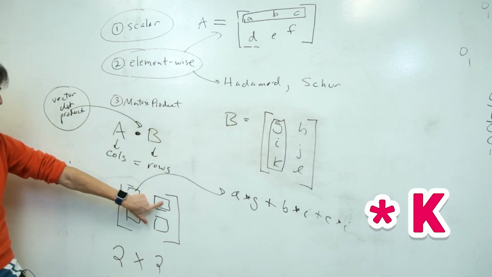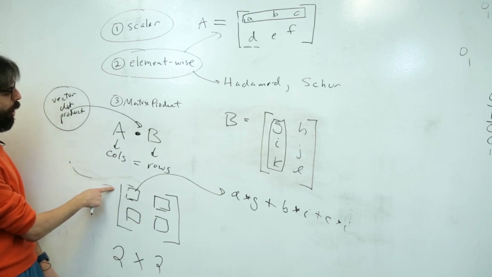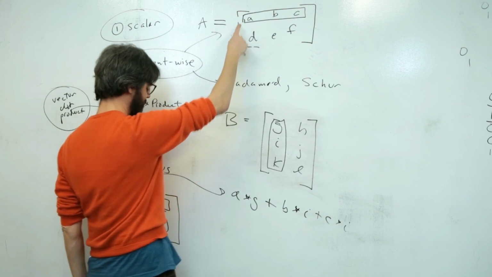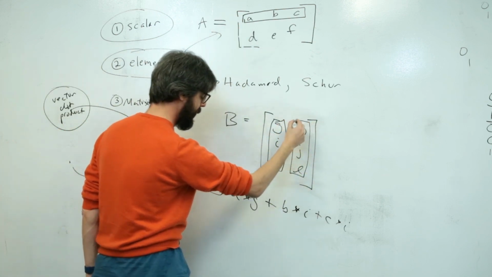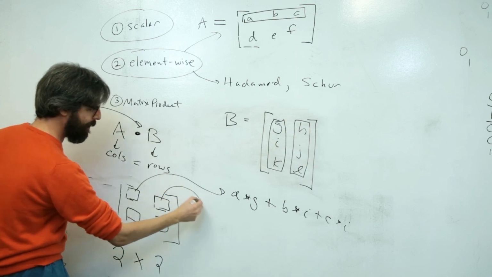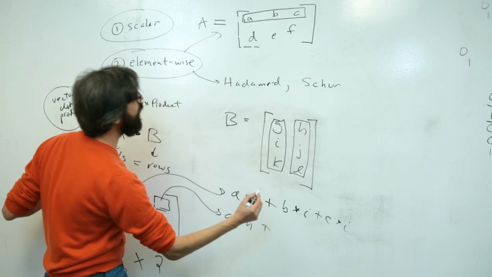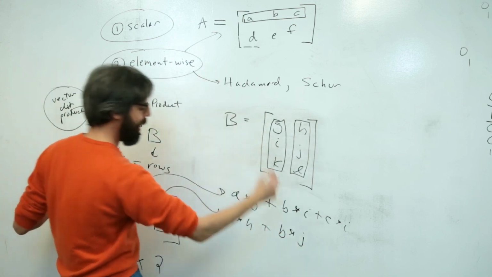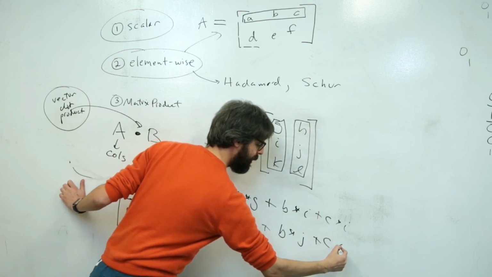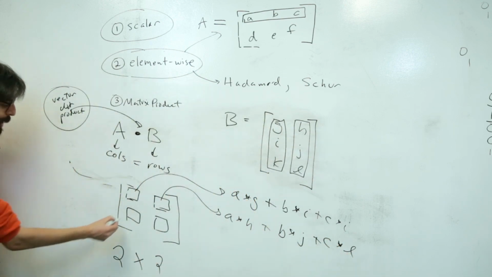Now, let's do this element here. Well, I'm in row 1. So I stay with row 1 of A, but now I'm in column 2, so I go to column 2 of B. So now this particular value is A times H plus B times J plus C times L. Okay? Now let me do this one.